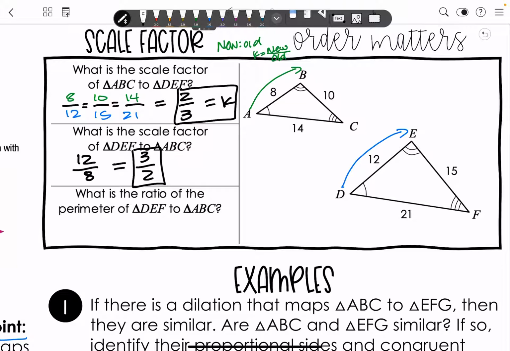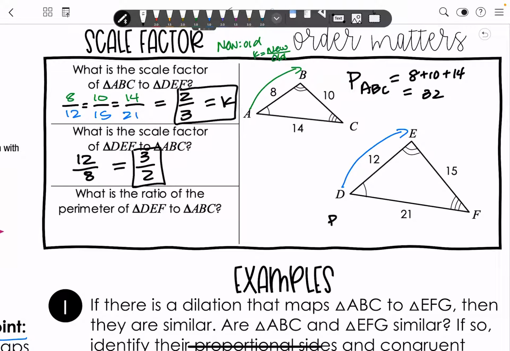That easy. Now, what is the ratio of the perimeter of triangle DEF to triangle ABC? Okay, well, let's find the perimeter of ABC. Remember, perimeter is found by adding all the lengths of the sides together. So 8 plus 10 plus 14, which ends up getting you 32.